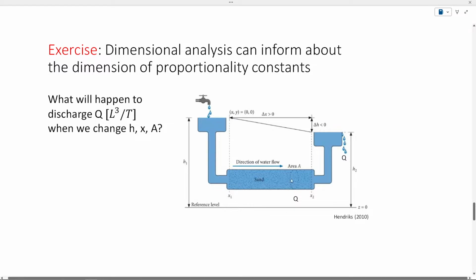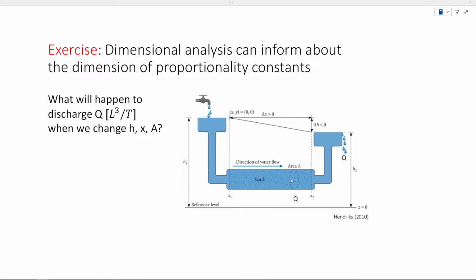Next lesson, we will see a systematic way for doing this, which is the pi theorem, and you can do more advanced applications. But for now, let's do a very simple application to show you how dimensional analysis could be useful.